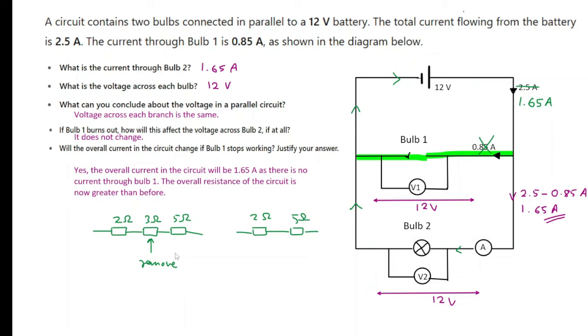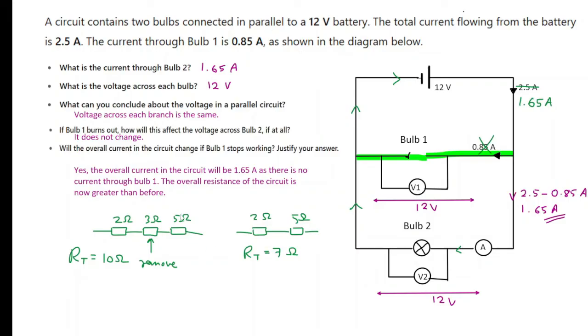Now, the total resistance here, R total, is 2 add 3 is 5 add 5, 10 ohms. The total resistance here is only 7 ohms. So removing a resistor in a series circuit will reduce the overall resistance.